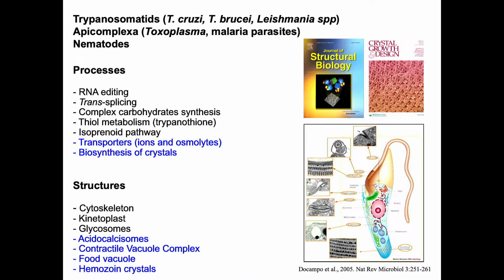Among these processes and structures, we are mainly interested in transporters of ions and osmolytes. I'm going to talk only about the trypanosome, not the work that we have with malaria. In the trypanosome, we have two main structures that we study, the acidocalcisomes and the contractile vacuole complex.